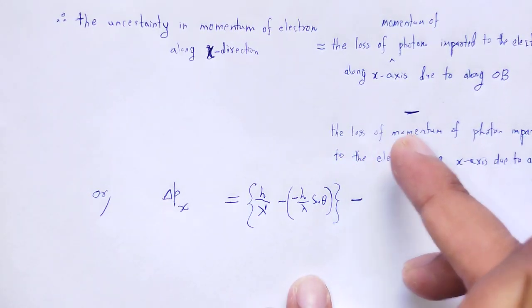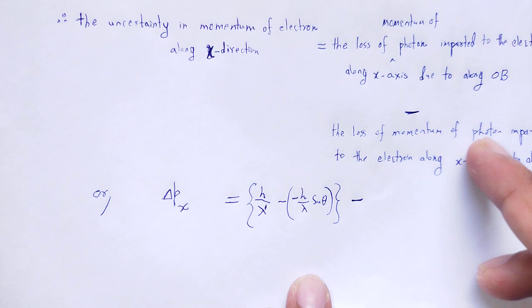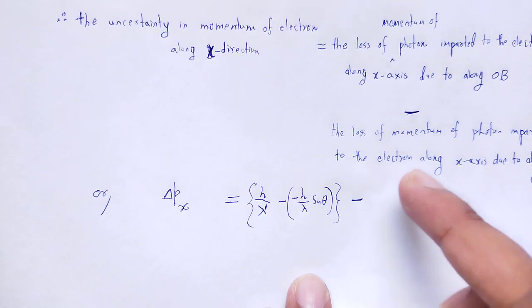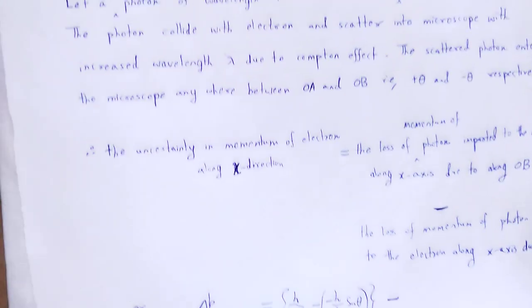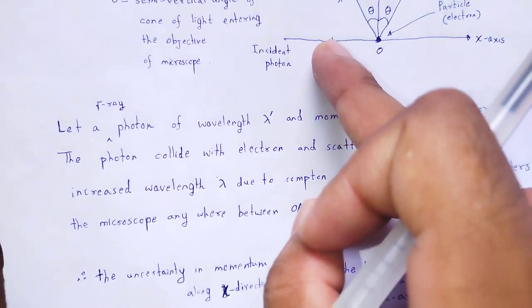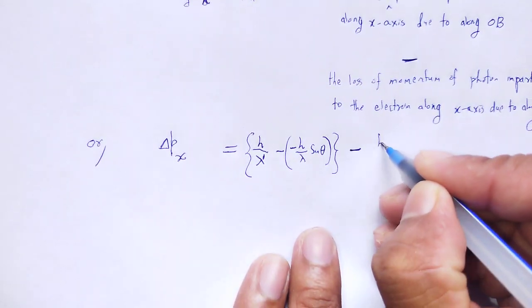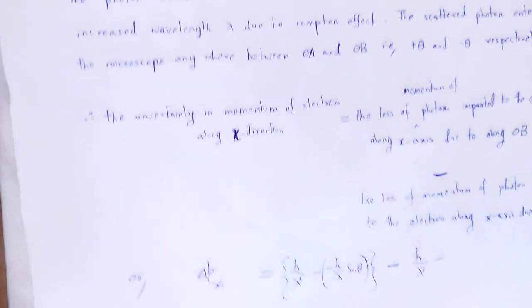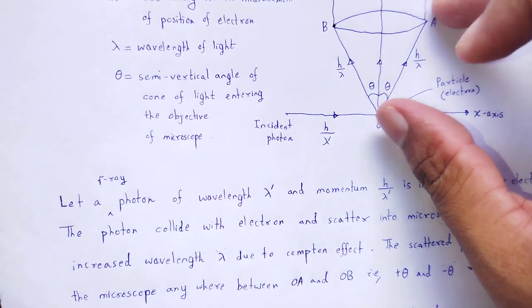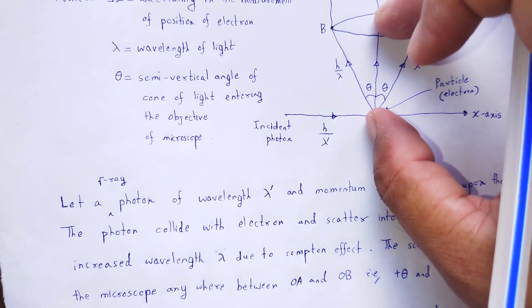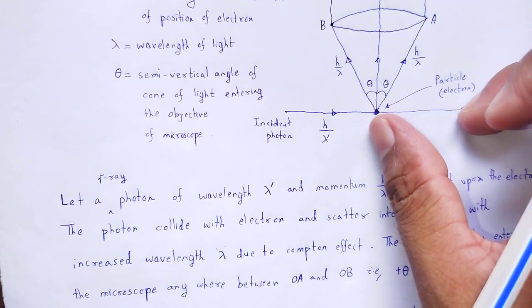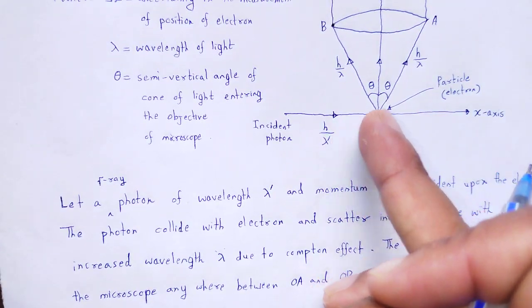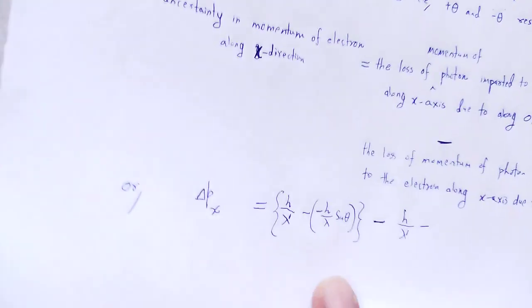Next, the loss of momentum of photon imparted to the electron along x-axis due to OA, here that is h by lambda dash minus that momentum is resolved, this component h by lambda cos theta, that component h by lambda sin theta, which is the same direction of that of incident photon.